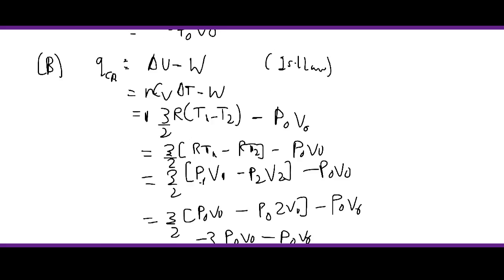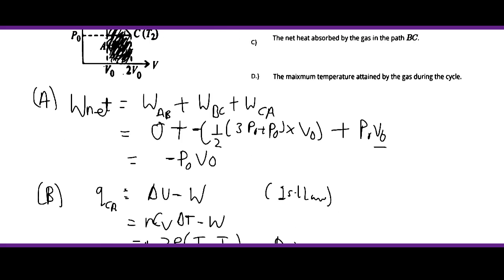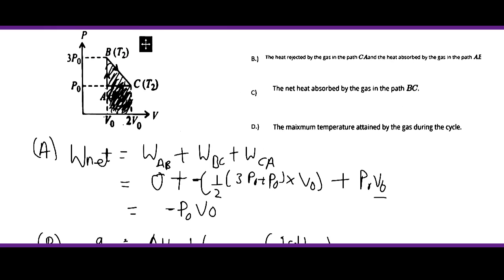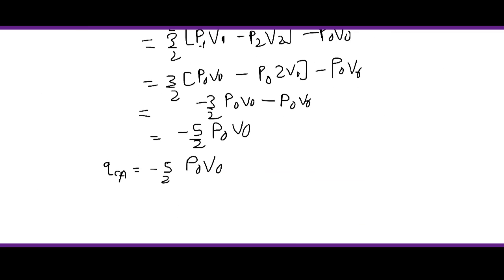And the second part of the B question: the heat absorbed by the gas in the path AB. If you see the path A to B, it's clearly an isochoric path in which work done would be 0. So QAB would be equal to delta U, because work done is 0 in an isochoric process.